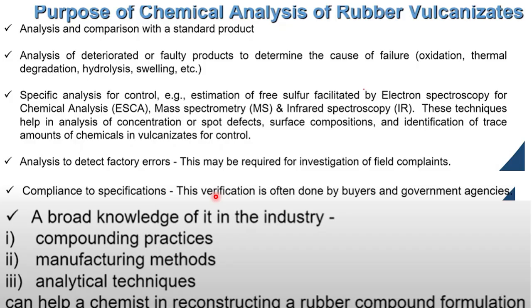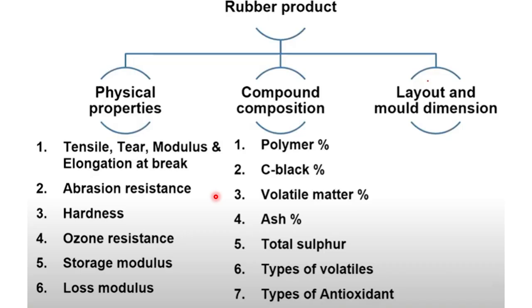These techniques are used to analyze the concentration of different additives or trace amounts of chemicals present in a vulcanized compound. A broad knowledge of the industry, that is compounding practices, manufacturing methods and analytical techniques, will help a chemist to reconstruct a formulation and further modify the product property.